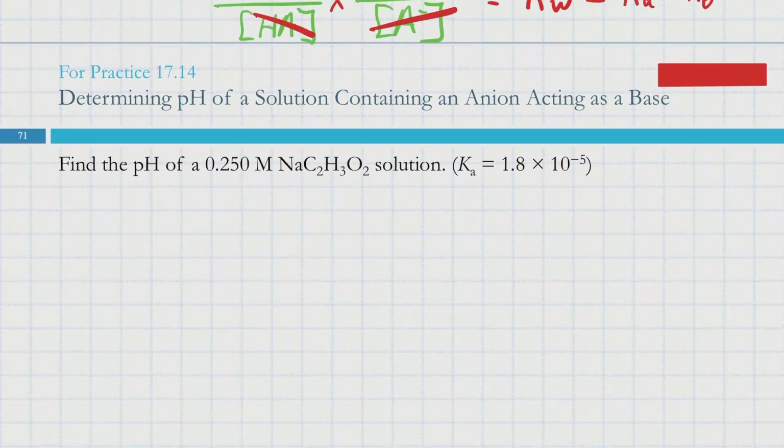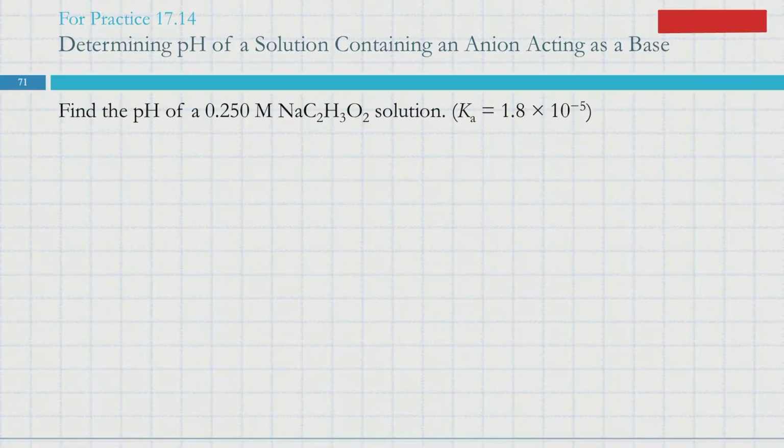So let's use our newfound knowledge. We want to find the pH of a 0.250 molar NaCH3COO solution, and we're given a Ka value. An important thing to note here is that we have a Ka value. Ka values are for acids.